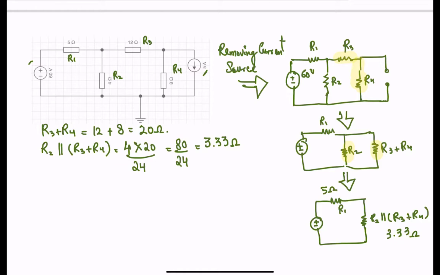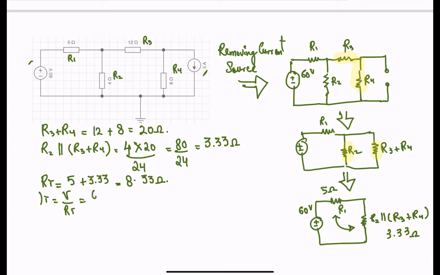If I add these two resistances, I get the total resistance: 5 plus 3.33 ohms gives me 8.33 ohms.